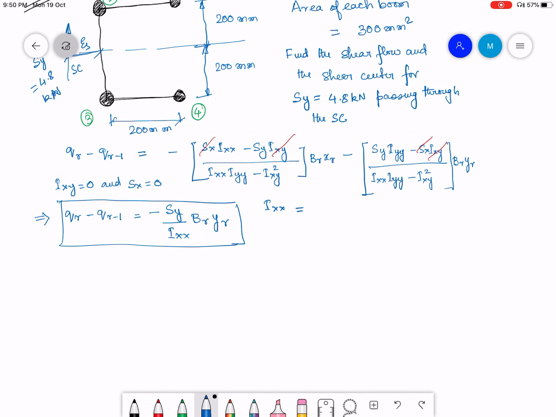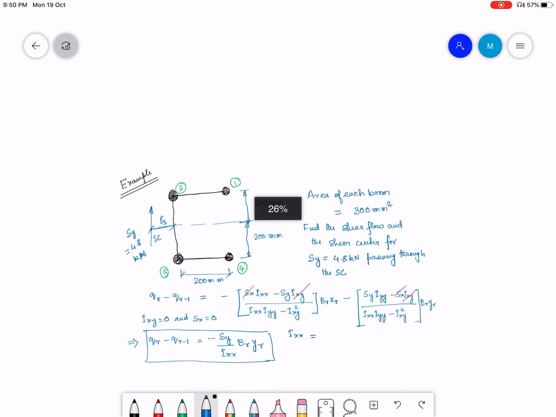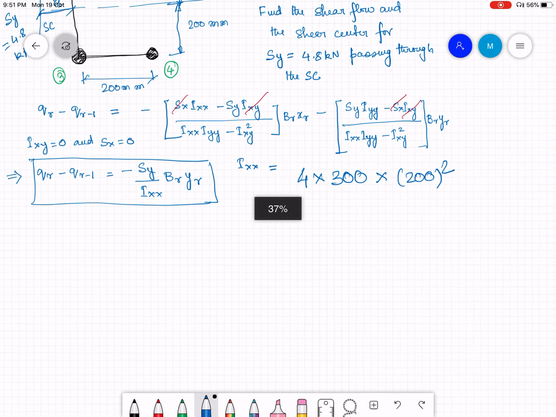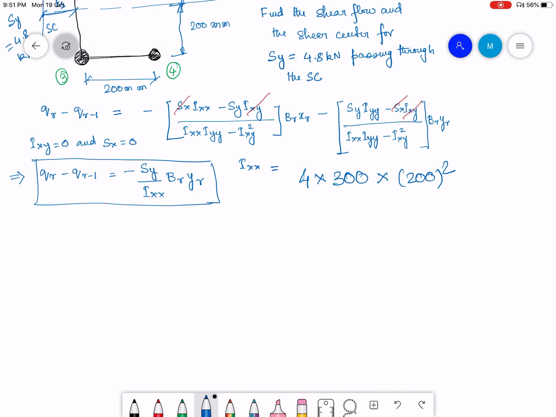It is going to be 4 into 300 millimeter square into 200 whole square, and that into millimeter 4.